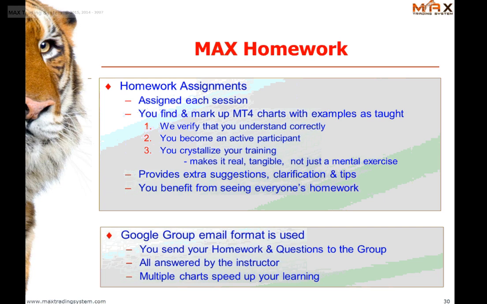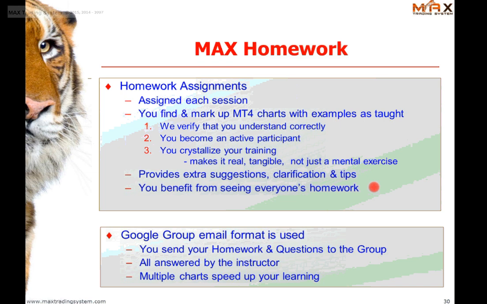And during the homework, I generally grade it. I provide extra suggestions, point out little bits and pieces that may not have been included in the course. And you also get to see everybody else's homework as well. A bit scary, but everybody only cares about their own homework, so don't worry about that. But you get to see what other people are doing and other opportunities.